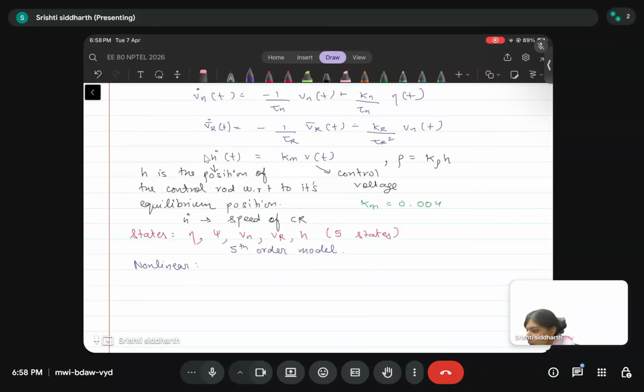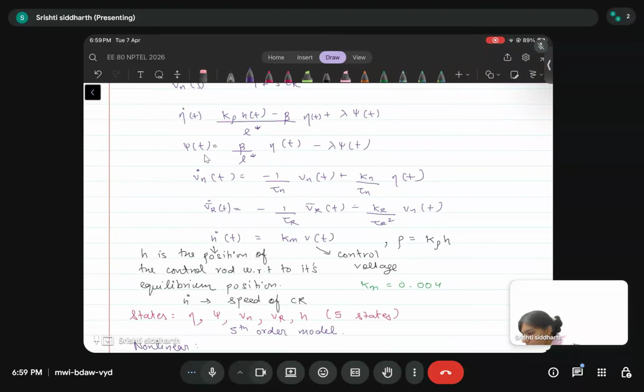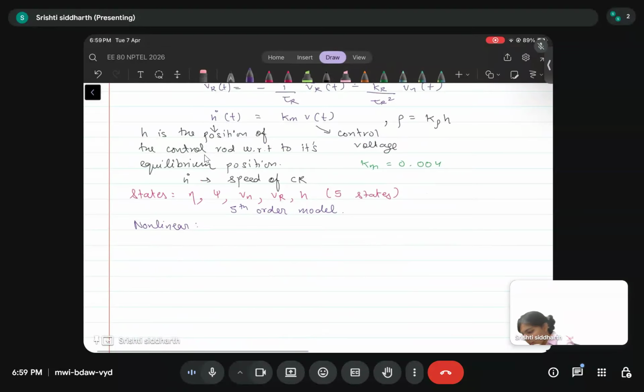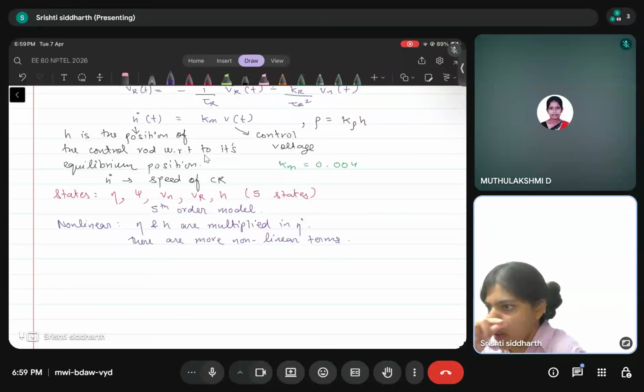So let's see. It's non-linear because I think there's a multiplication of states, right? So eta and H are multiplied in the evolution of eta, right? All right.